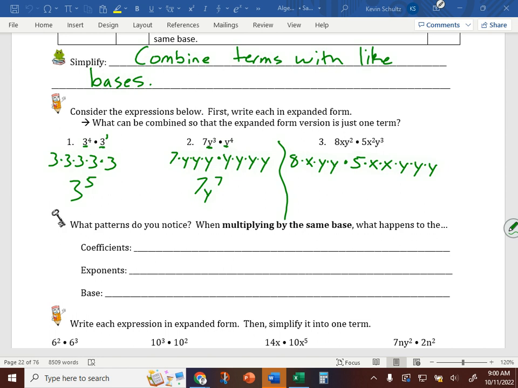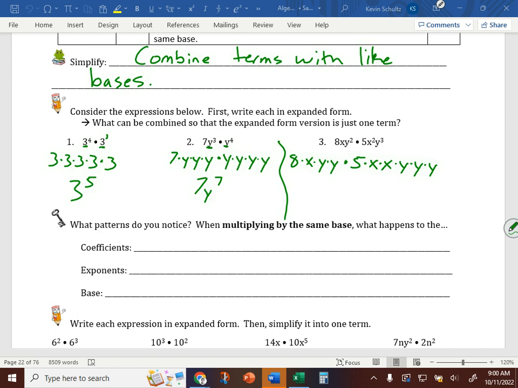Put it all together for us. What do we got? So total, how many x's do we have? We've got 3 of them. And the beauty of multiplication is that you can multiply things in any order.